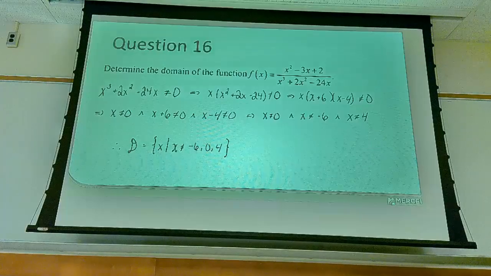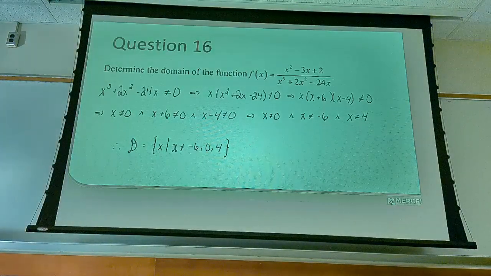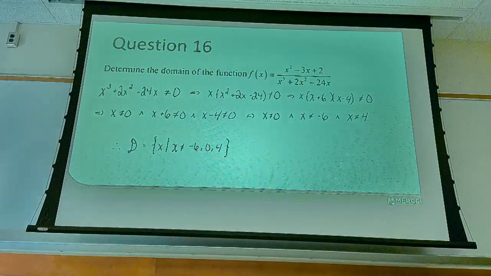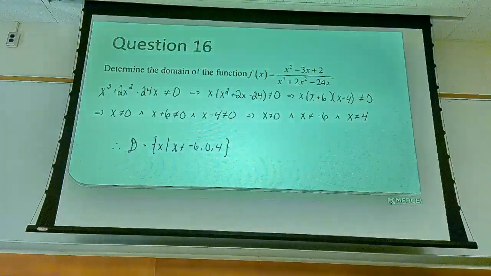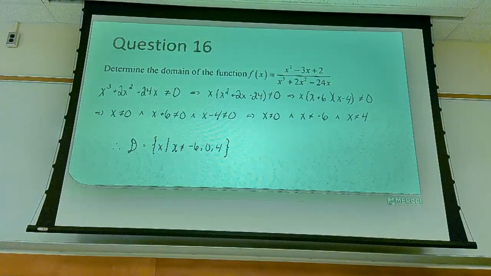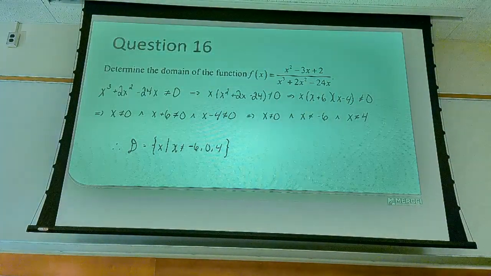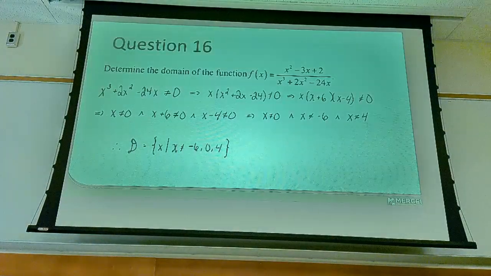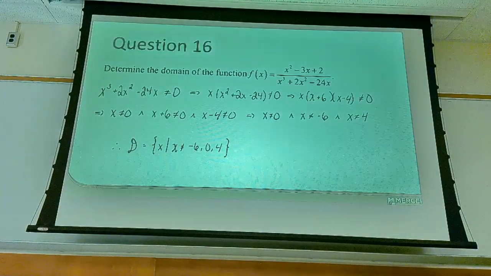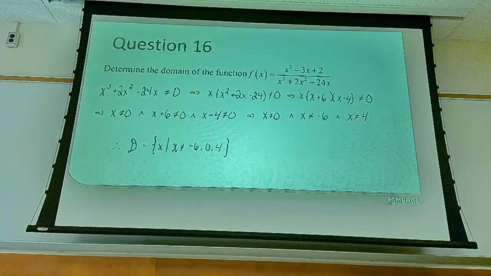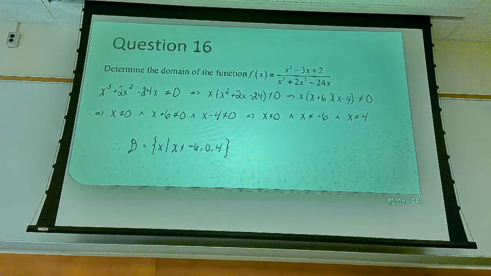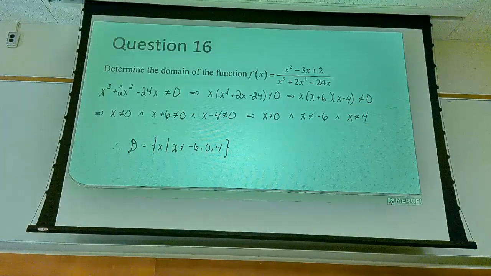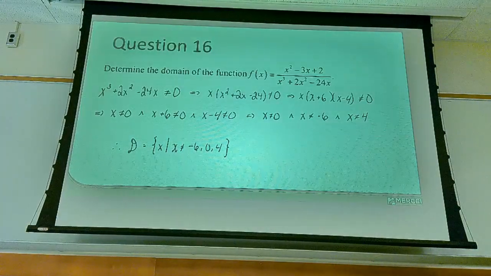And that is definitely the easier way of writing this domain, rather than trying to write it as an interval. And you're going to have what? You're going to have 4 separate intervals you have to write as a union. That's our domain.